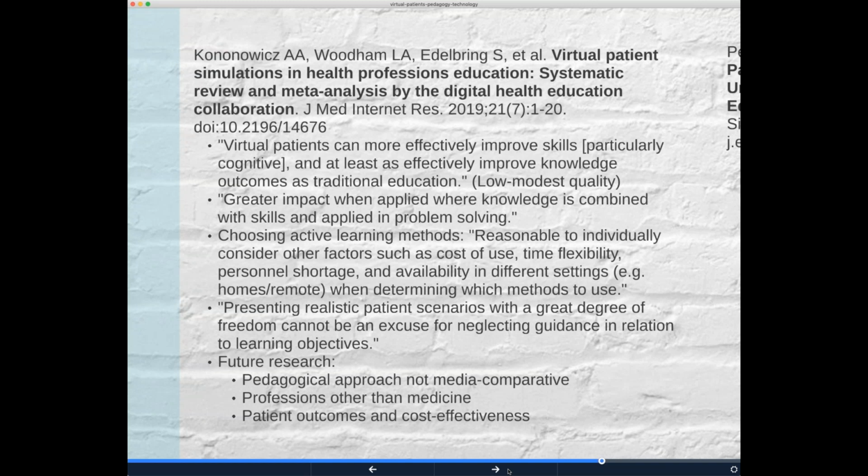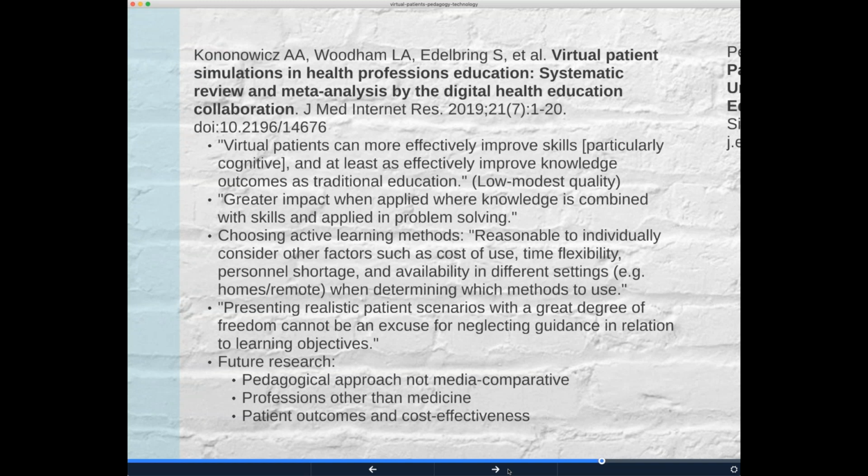Nonetheless, this is looking at dozens of studies, so these trends are seen across multiple studies. The impact of a virtual patient approach compared to a traditional approach is greater when it's not just rote knowledge, but applied knowledge and skills related to problem solving.